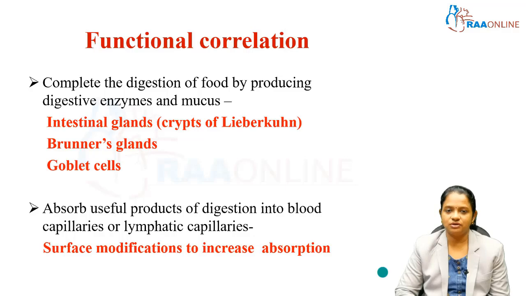The digestion of food by producing digestive enzymes is provided by the intestinal glands or the crypts of Lieberkühn. There are Brunner's glands present in the duodenum which secrete mucus, and goblet cells throughout the small intestine which secrete mucus. To absorb the digested products, the surface area of absorption is increased by certain surface modifications.